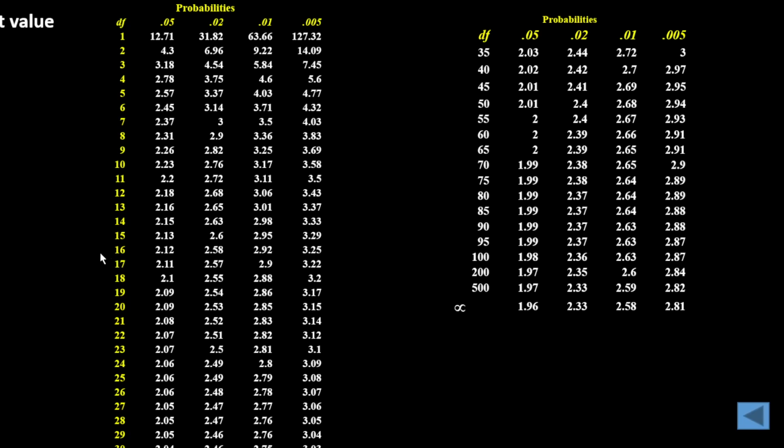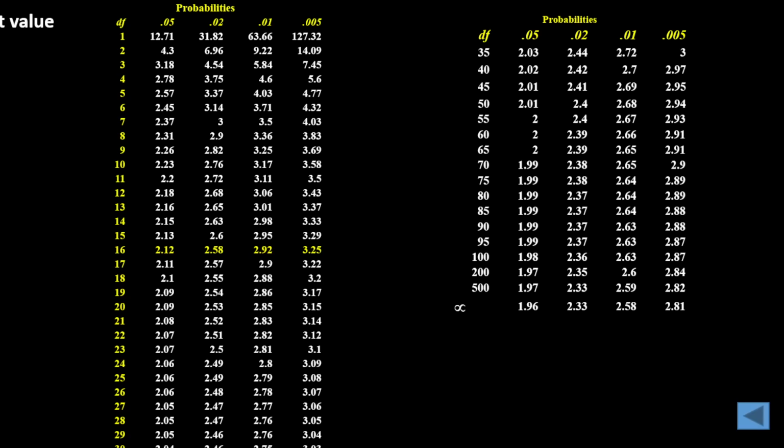In the line of our df 16, we have to find the value written under 0.05, that is 2.12, and another value written under 0.01, that is 2.92. These two values are generally considered to check the significance of difference between means in psychology, education and social sciences.